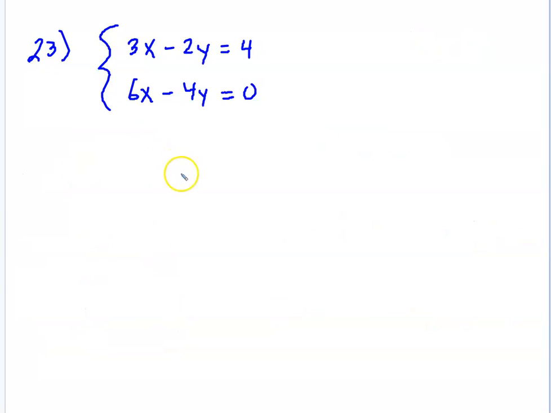Okay, let's do this one so we can be on the lookout. If you did this initial determinant, you lay out your coefficients and you multiply this way, that's negative 12 minus negative 12.